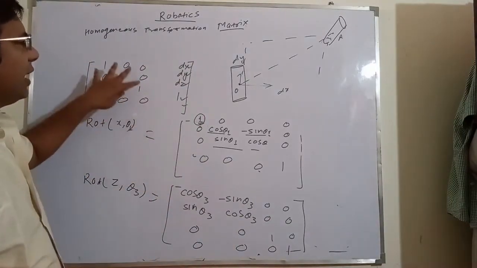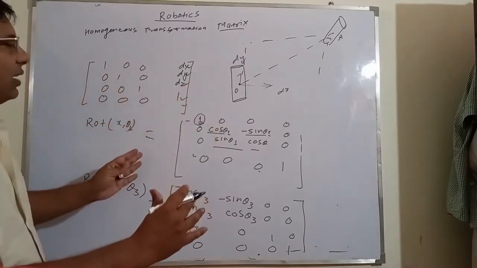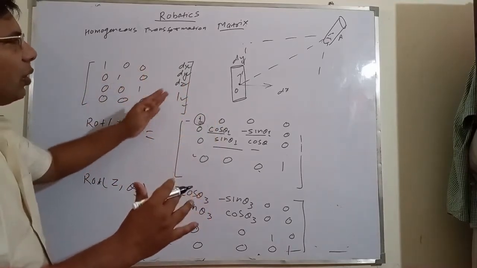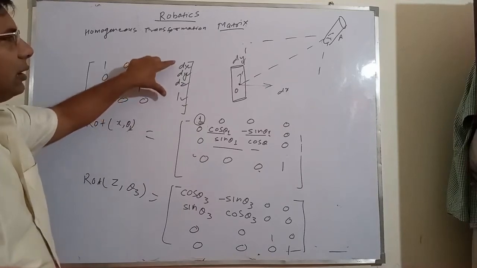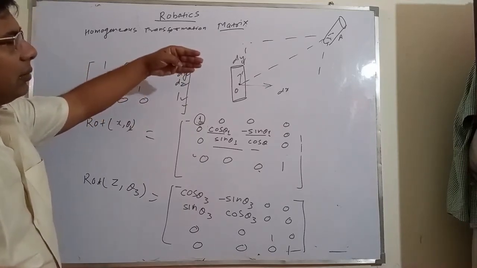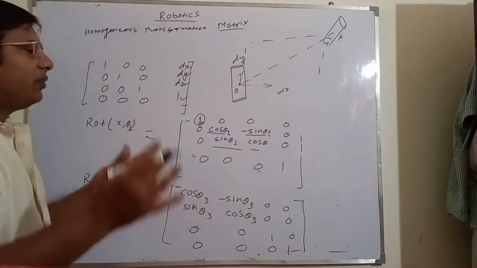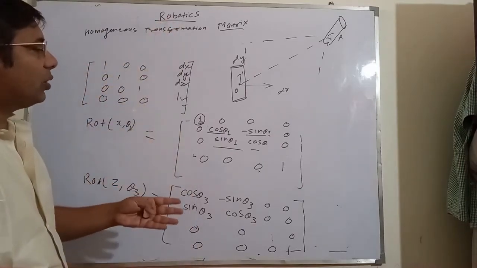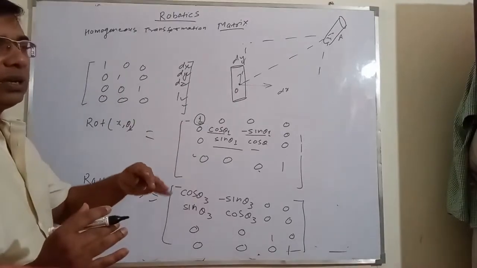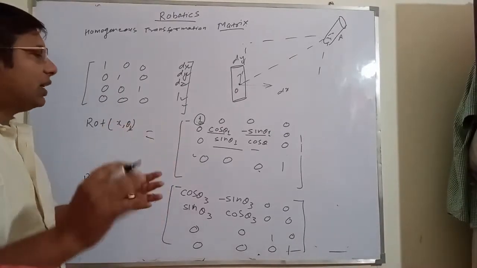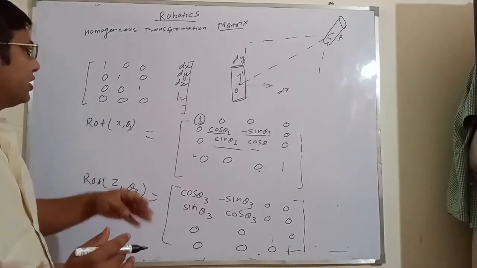So in one transformation matrix it can accommodate all the information about the translation, how we are moving the coordinate, and at the same time the information about the orientation, how much we are rotating about the x-axis, y-axis or z-axis.